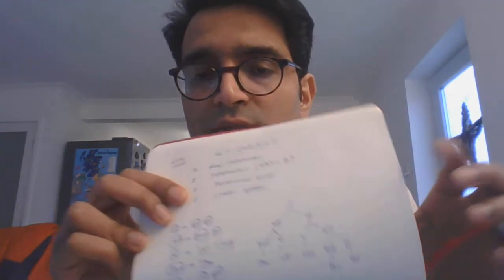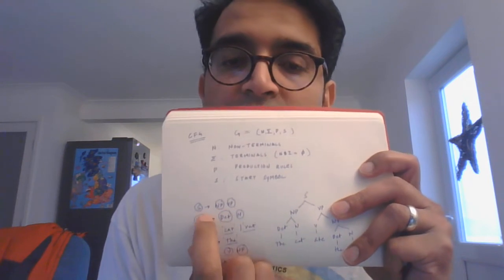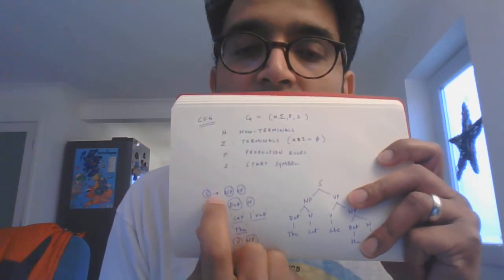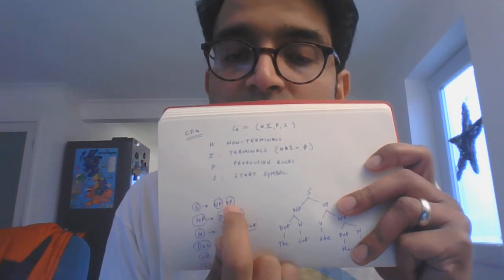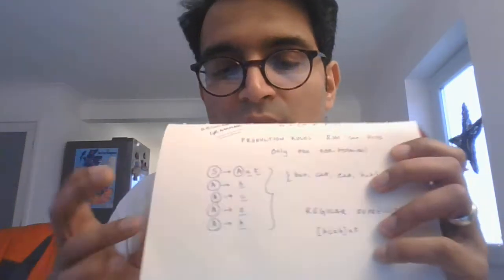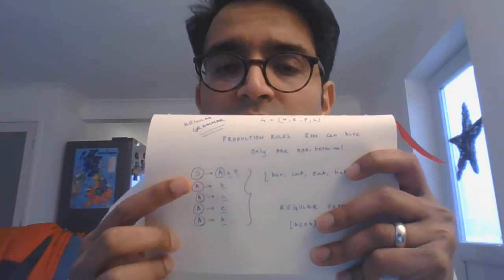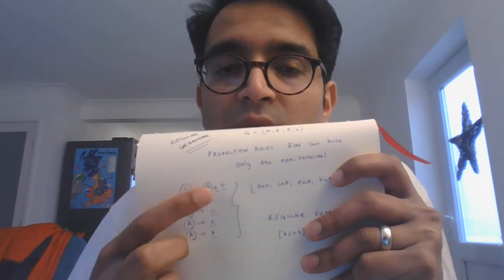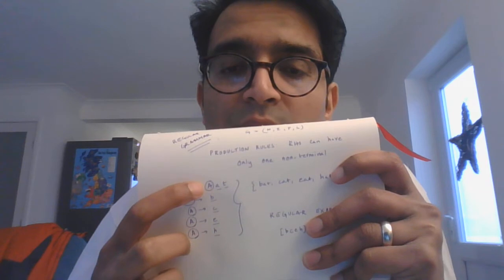Recall that in the case of context-free grammars, there was no such restriction. One non-terminal can be rewritten as two non-terminals. But in the case of regular grammars, one non-terminal can be rewritten as only one non-terminal.